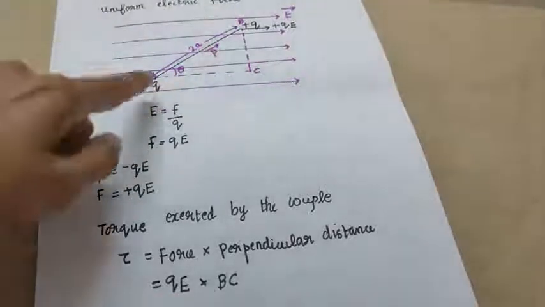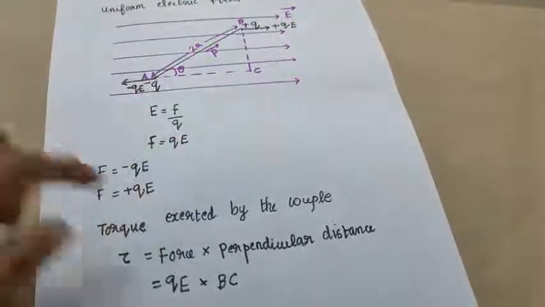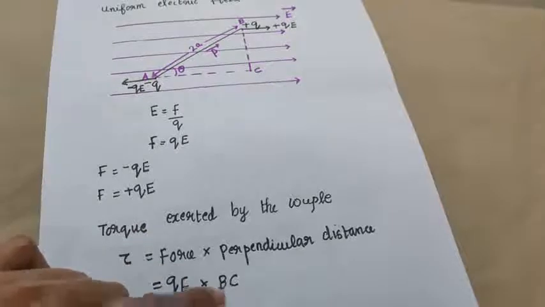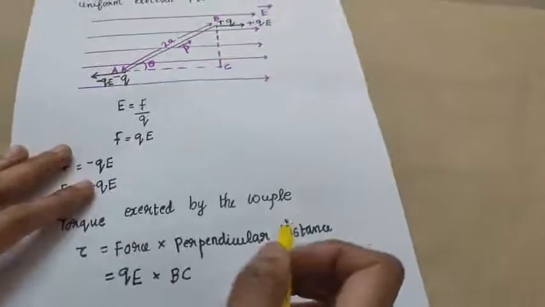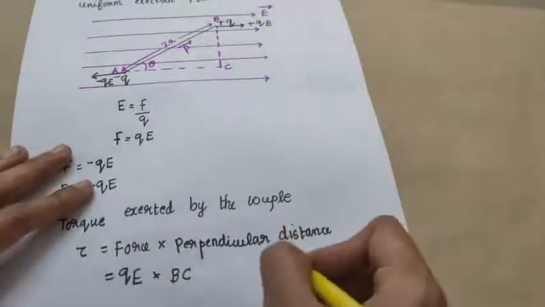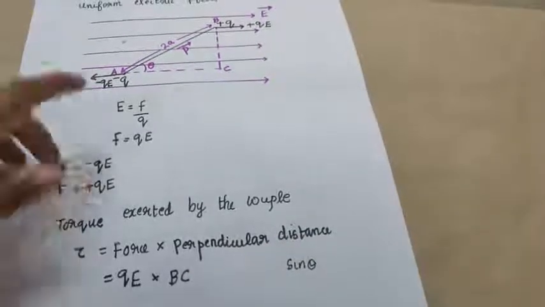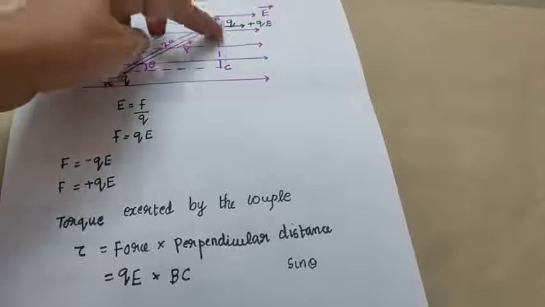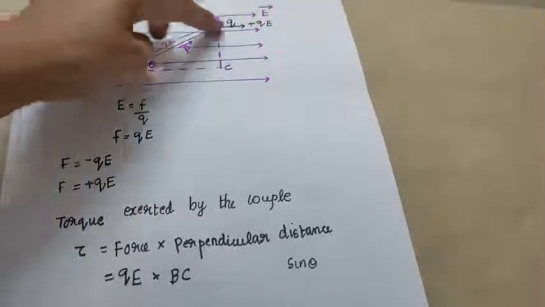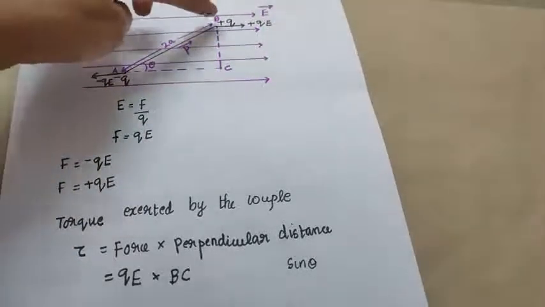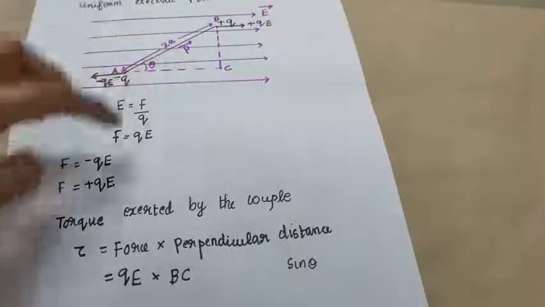And consider this right angle triangle ABC to find this side BC. For that we take sine theta. Sine theta is opposite side, that is BC, and hypotenuse is 2A.